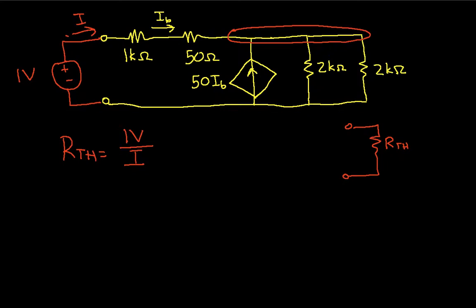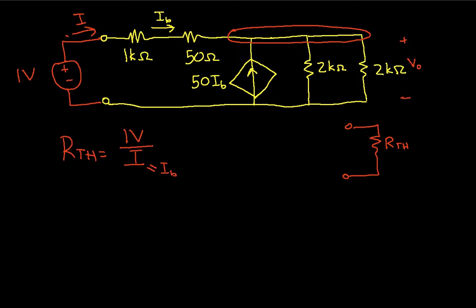We'll also notice that this I is equal to I sub B. So if we can find I sub B, then we found I and we can find RTH. So let's start by writing an unknown voltage across the resistors and the current source, and we'll call this, say, V0.